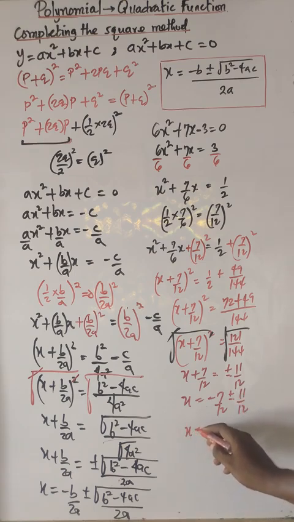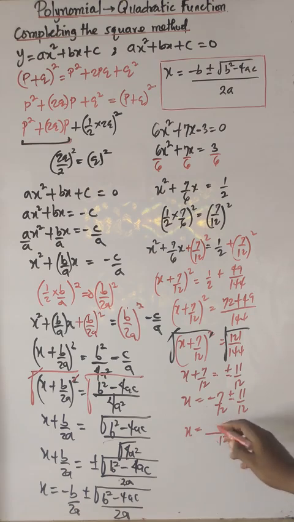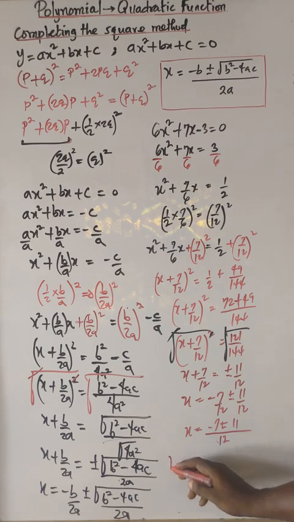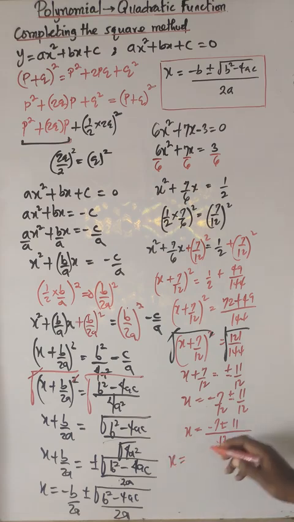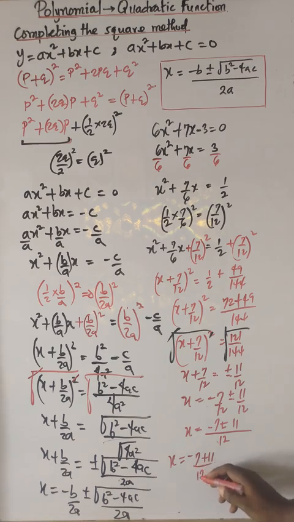They have the same denominator, 12, so minus 7 plus or minus 11 over 12. So we have two signs. The first value of x, which is alpha, is when you use the plus: minus 7 plus 11 over 12. Or if you use the minus: minus 7 minus 11 over 12.